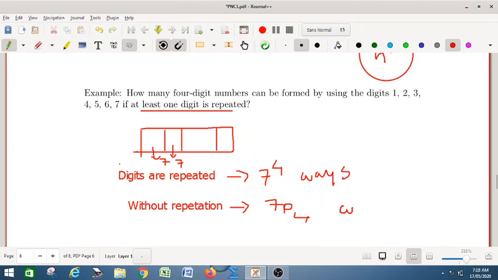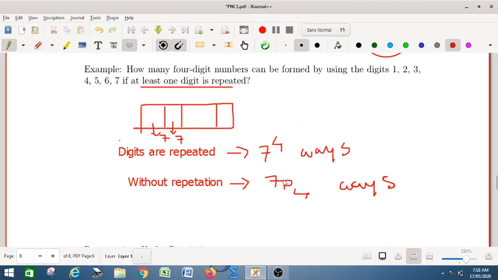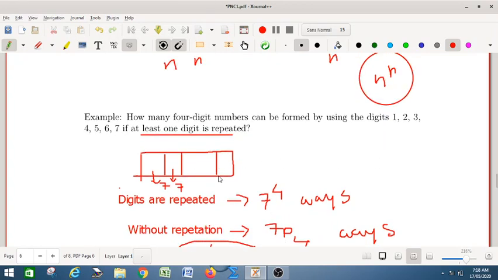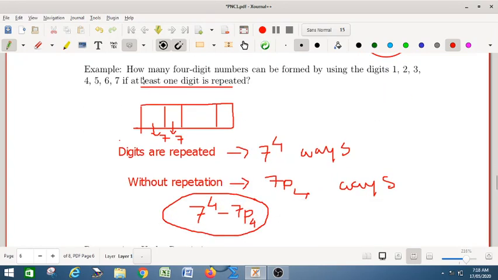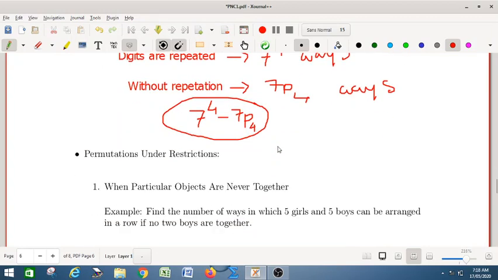So 7p4 ways. So what is the total number of ways now? The answer is simply 7 to the power 4 minus 7p4, because at least one digit is repeated. This is the required number of ways. Clear? So this is very important. Look at the problem and do it carefully, because at least one digit is repeated.